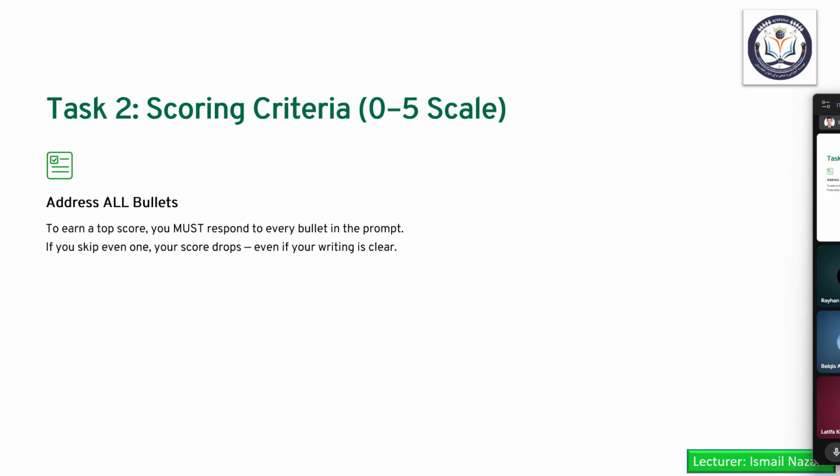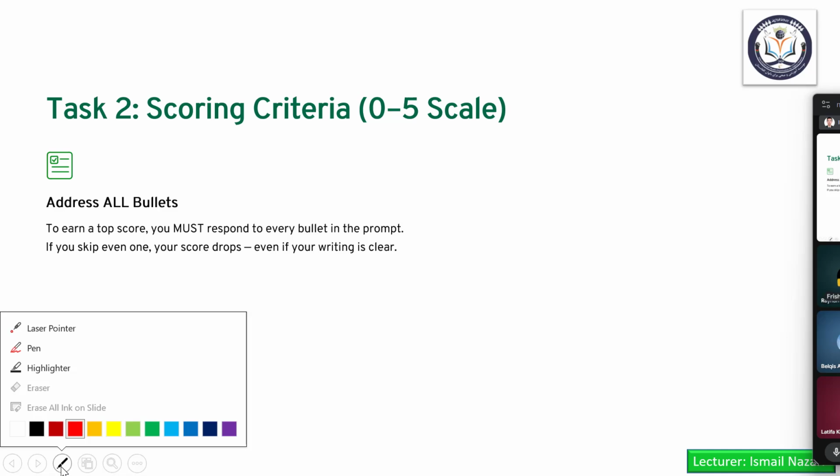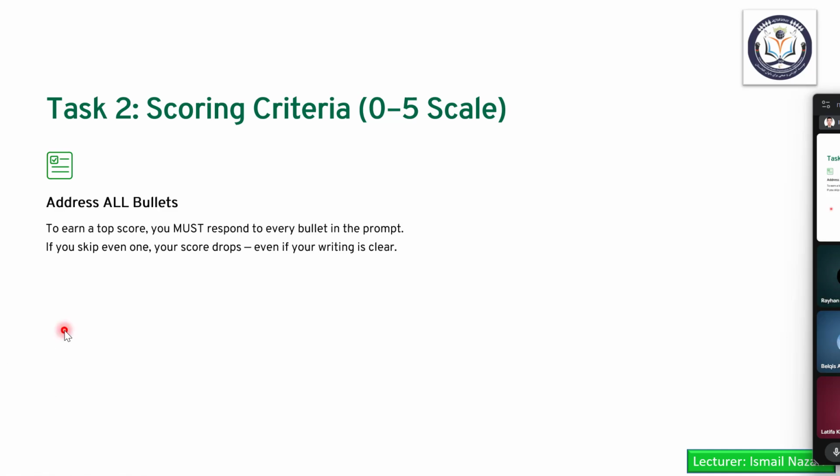The first criterion they check is whether our response addresses all bullet points given. It is the first thing they check, and our score also depends on this one.